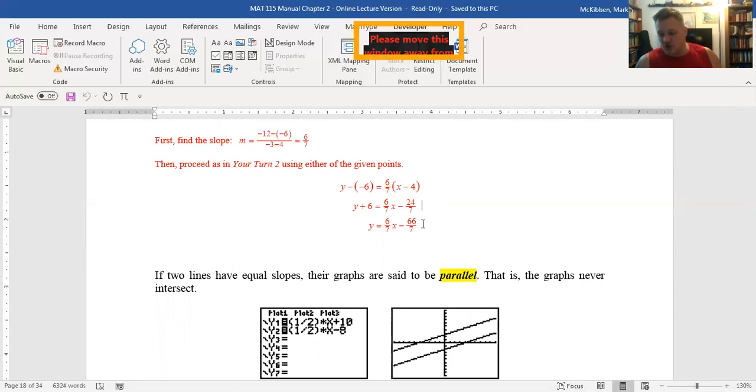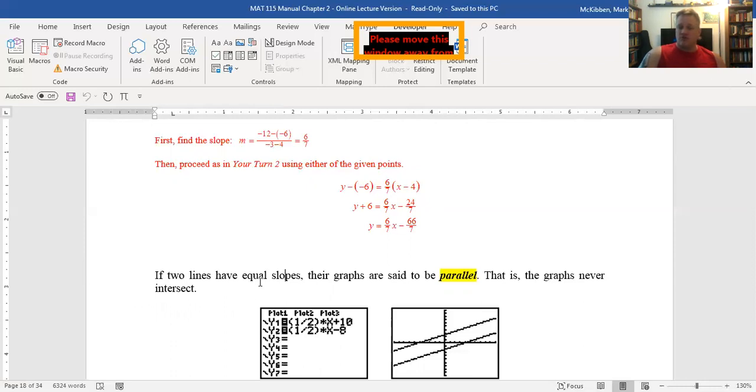Now there are other things you can have instead, right? You have to have information about the slope somehow, be it by 2 points or just having it outright. But what you could always do is compare one line to another, and you might be able to gain information about the slopes in that way. So one way to do that would be to know that a given line is parallel to another one.